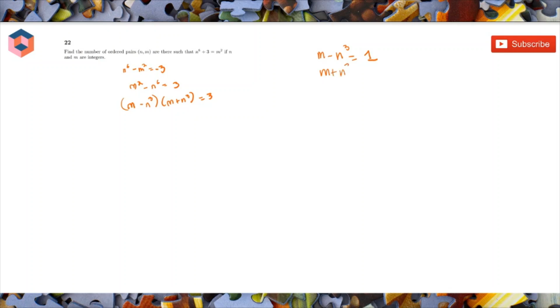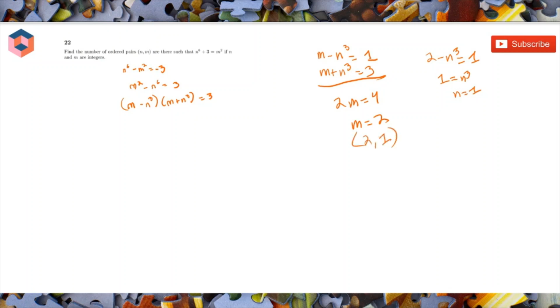Now we can add these two equations to get 2m equals 4, or that m equals 2. If m equals 2, we have 2 minus n cubed equals 1, or that n cubed equals 1, and n equals 1. So our first solution is (2, 1).